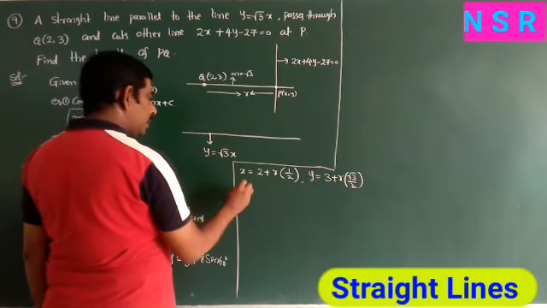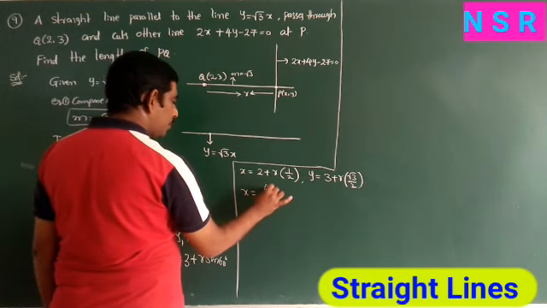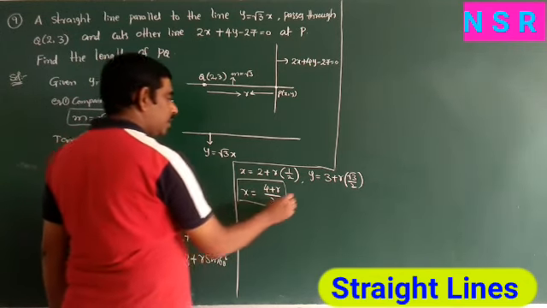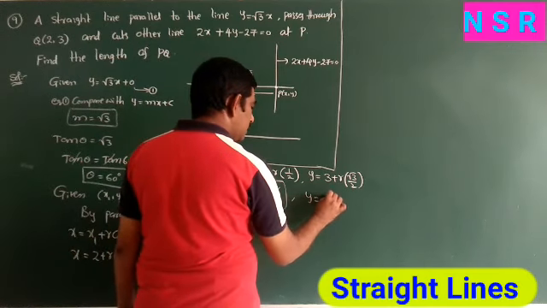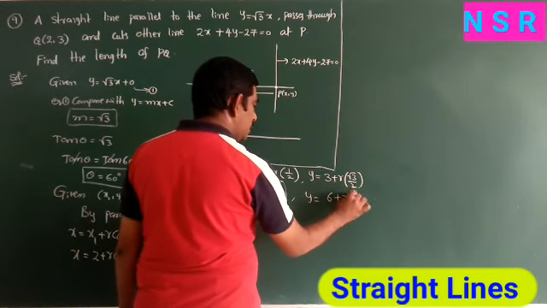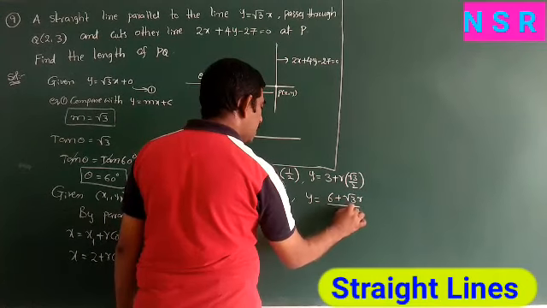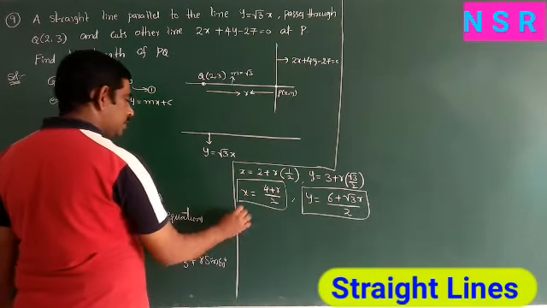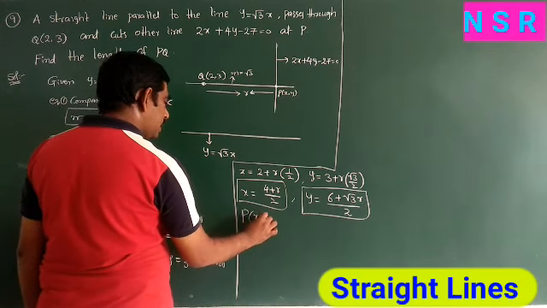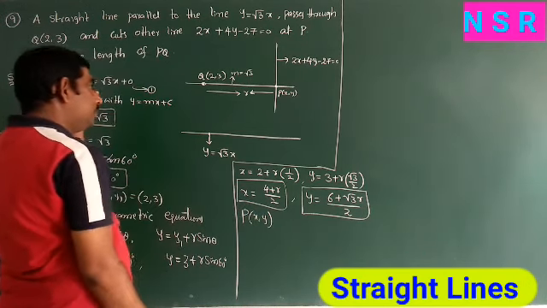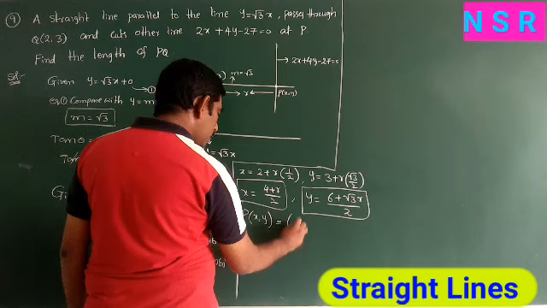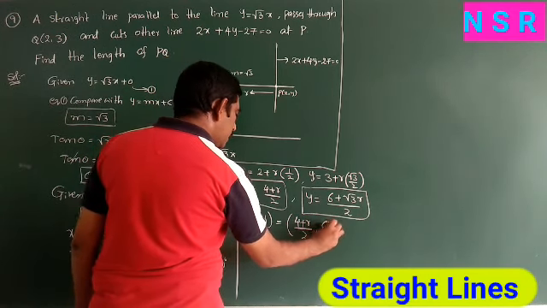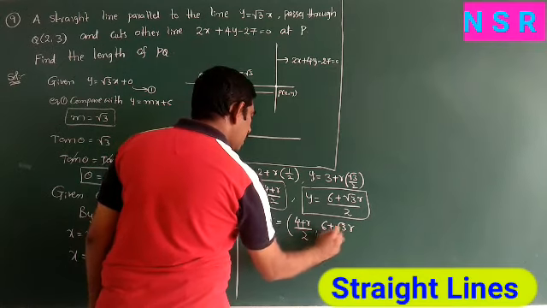Now multiply by 2 here, x is equal to 4 plus r by 2 and y equal to 6 plus root 3 r by 2. So these are the x comma y values. So here P is (x, y), so we get the P value. P (x, y) equal to 4 plus r by 2 and 6 plus root 3 r by 2.